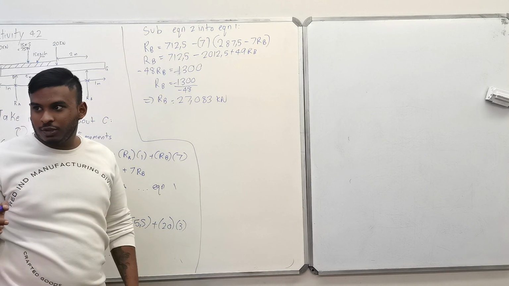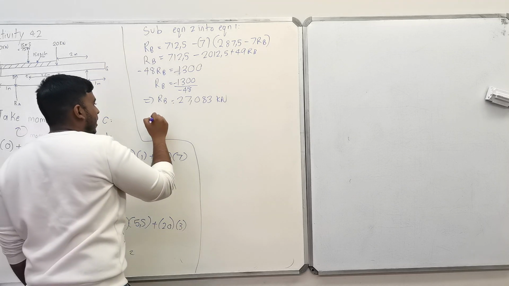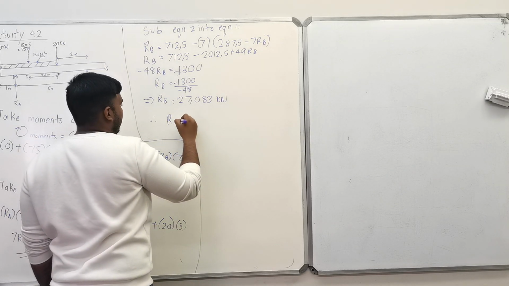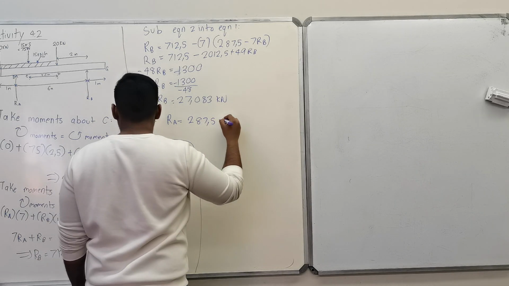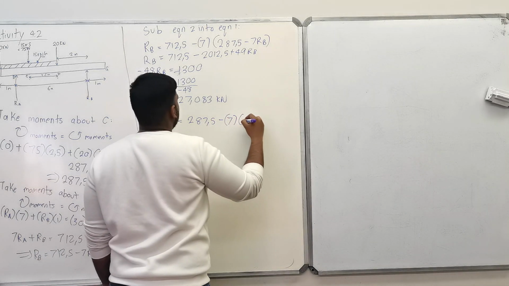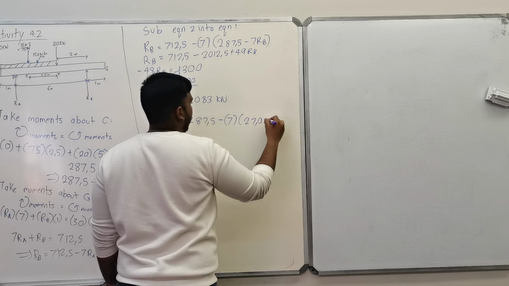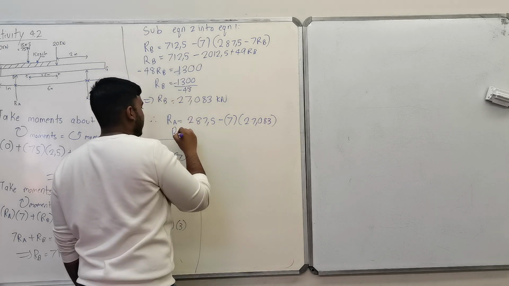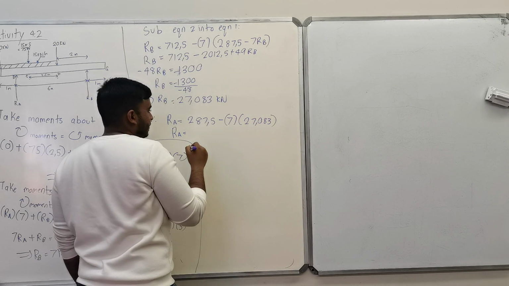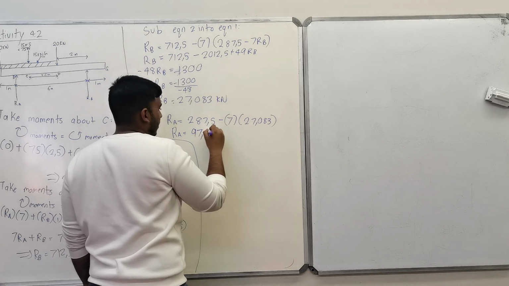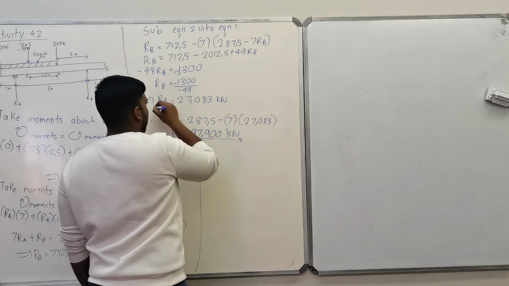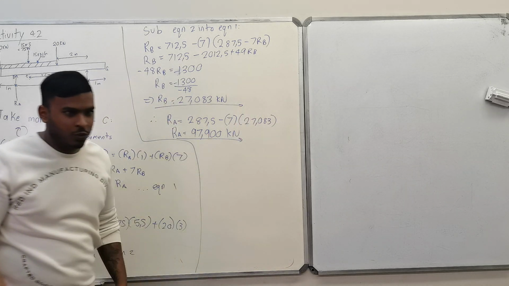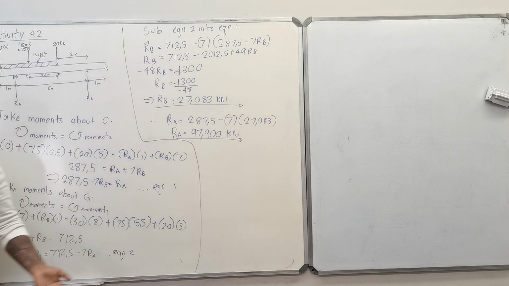Is anybody confused? Right? So then you'll say therefore RA is equal to 287.5 minus 7 times 27.083, and RA is equal to 97.9. Okay, if you do your test quickly, upwards forces must equal downwards forces.